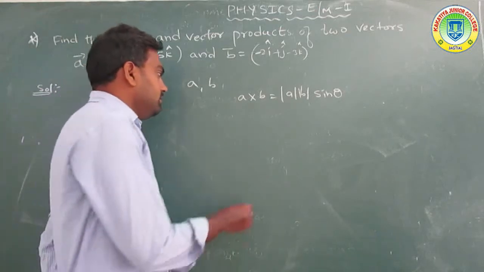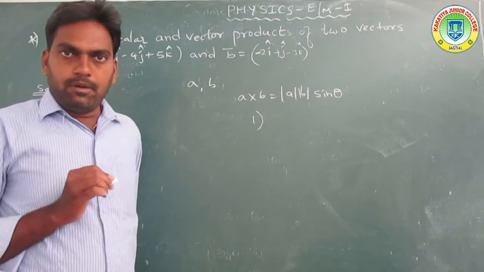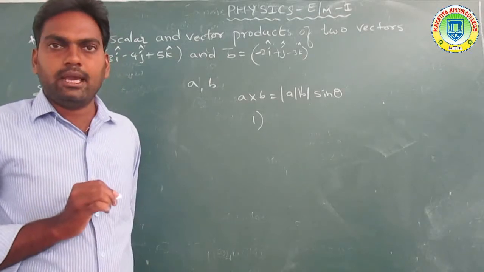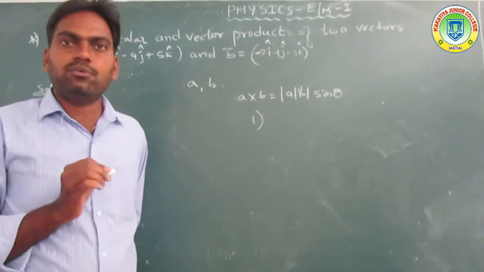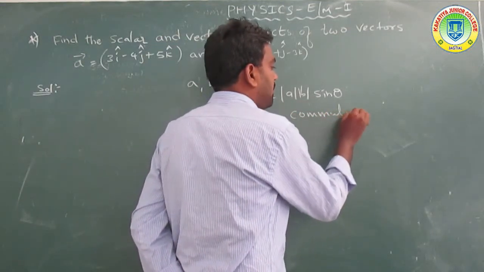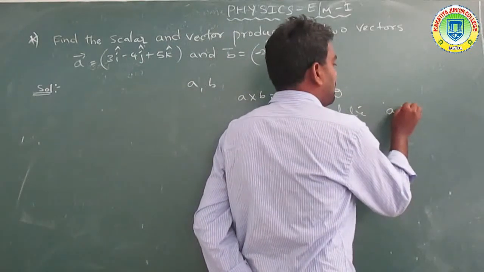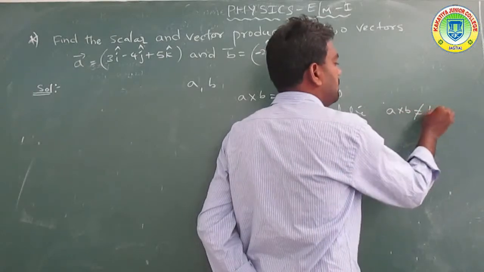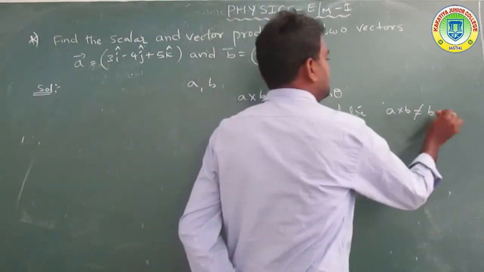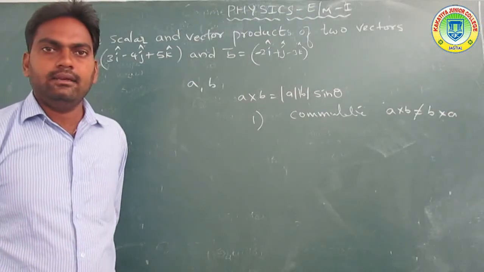The first property is that the cross product does not obey the commutative law. According to the commutative property, A cross B would equal B cross A, but here A cross B is not equal to B cross A. It only obeys the anti-commutative law.